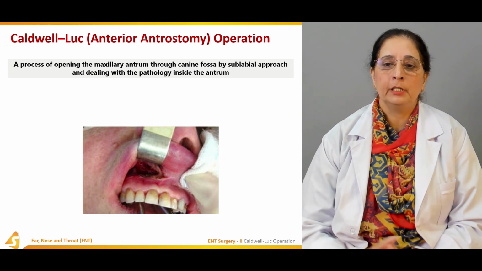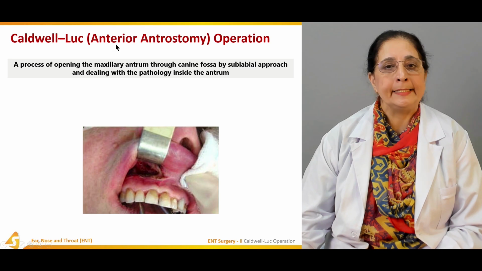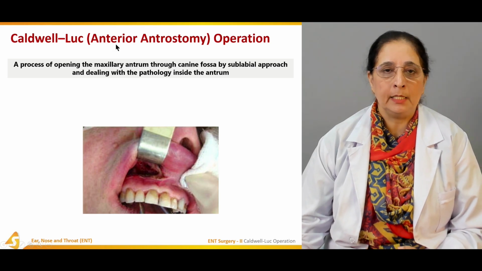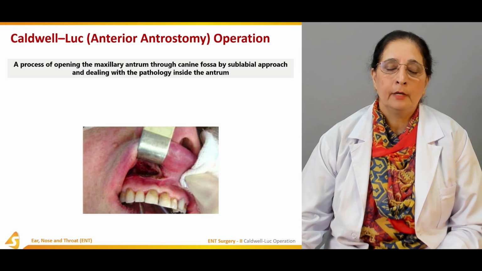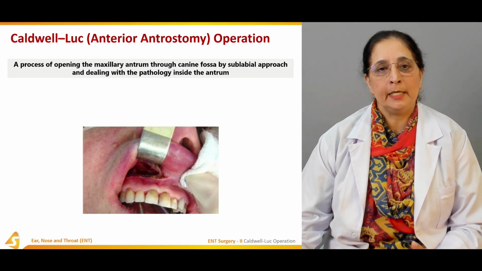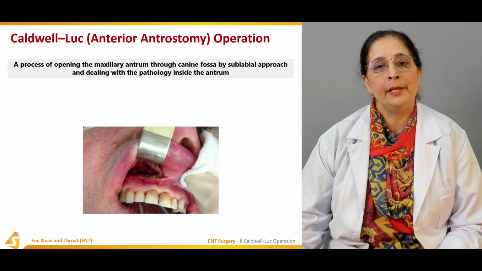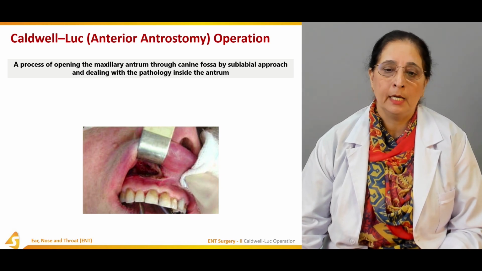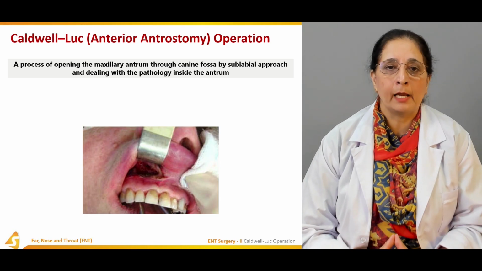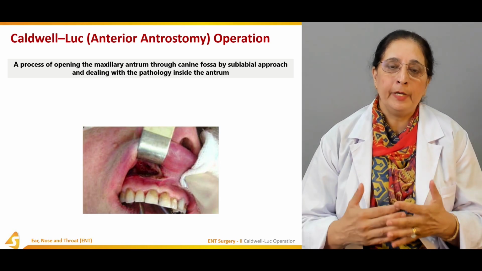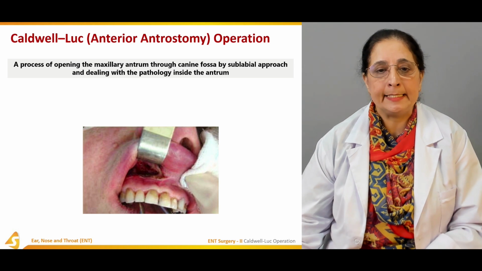Caldwell-Luc operation is also known as anterior antrostomy. In the first section, we talked about the procedure which is inferior meatal antrostomy or inferior antrostomy. Compared to that, this is known as anterior antrostomy. So the opening in this is created anteriorly here.